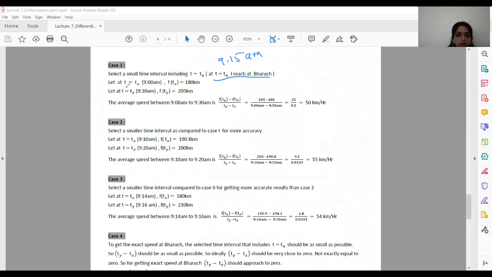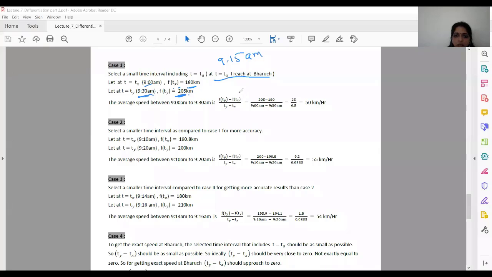My first interval is 9 to 9:30, which includes 9:15. At 9 am the total distance covered is 180, and at 9:30 am the total covered distance is 205.